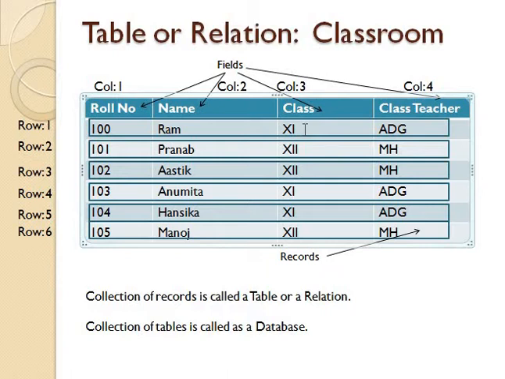The data item 12 belongs to the field class, and the data item ADZ belongs to the field class teacher. The fields are stored in the table column wise. That is, roll number is the first column, name is the second column, class is the third column, and class teacher is the fourth column.